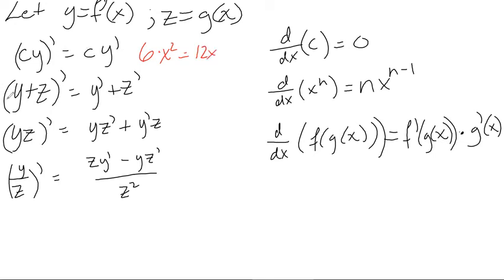If we have two different functions, let y be f of x and z be g of x, and we're trying to find the derivative of their sum, or actually their difference as well, you can just differentiate it with a minus sign. You would be able to do the derivative of f of x plus the derivative of g of x.